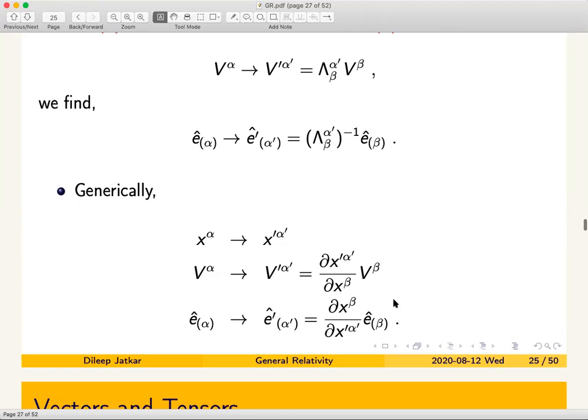And the direction cosines are the ones which tell you how one basis is related to another basis. These direction cosines are basically these del x prime alpha prime by del x beta in some sense. And you can use those direction cosines to write down, say, a Laplacian operator or a gradient operator and so on.